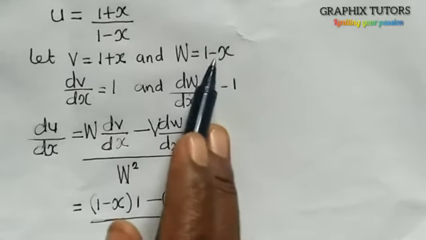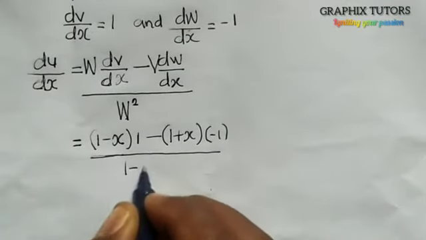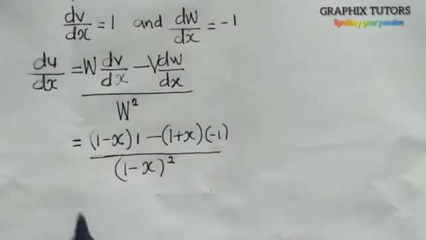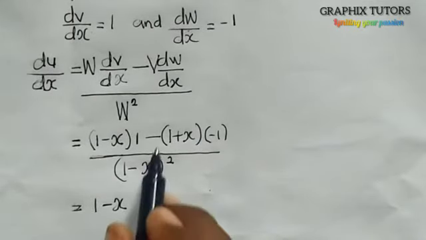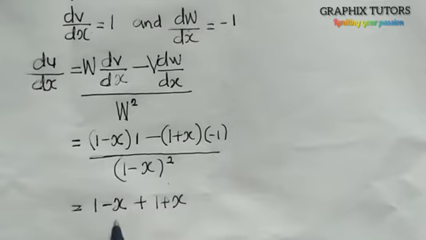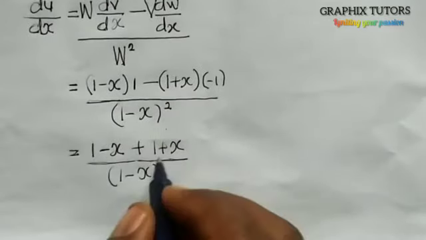What is my w? 1 minus x. So we have 1 minus x all squared, right? If I open this, 1 times 1 is 1 minus x. Minus times minus is plus, so we have plus 1 plus x, everything all over 1 minus x all squared, right?